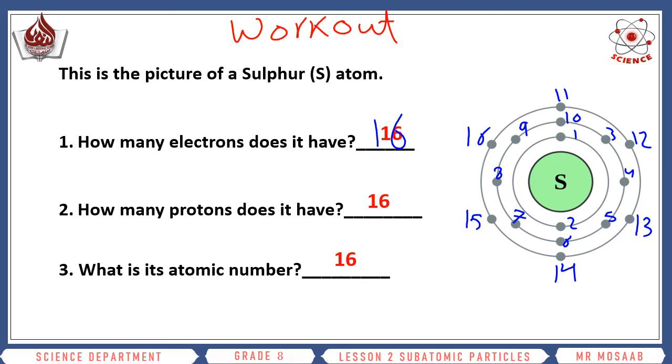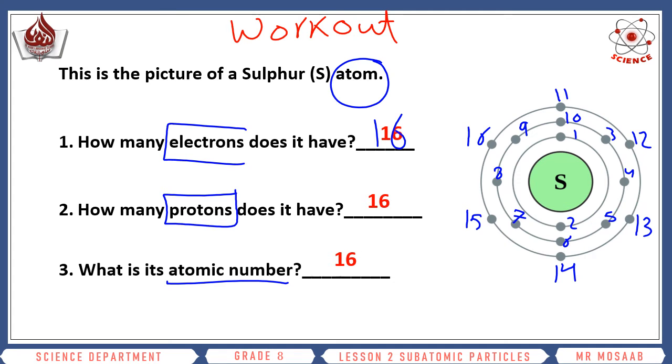Because we have said that any neutral atom has an atomic number equal to the number of protons, and the number of electrons will be the same. So if the atomic number is 16, it means the number of protons is also 16 and the number of electrons is also 16, because it's a neutral atom.